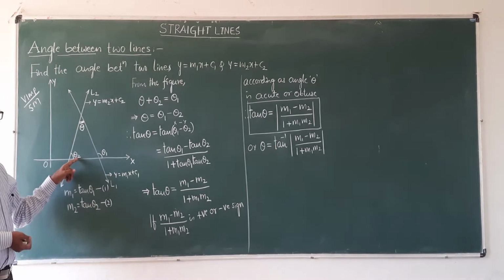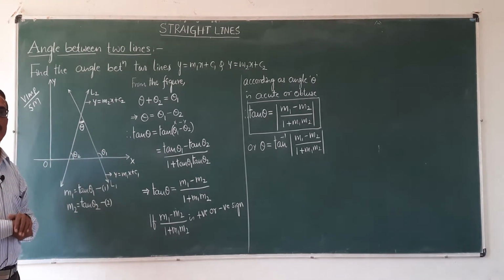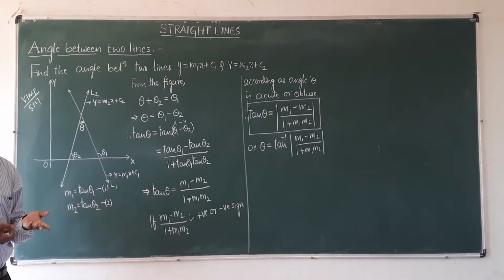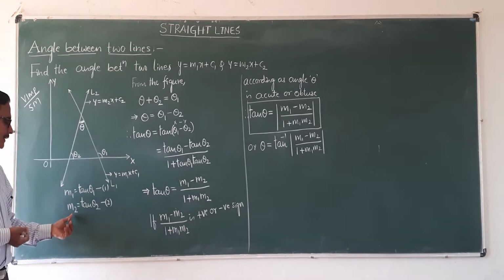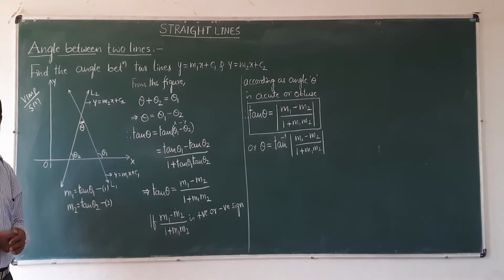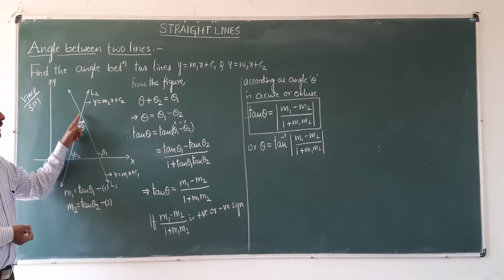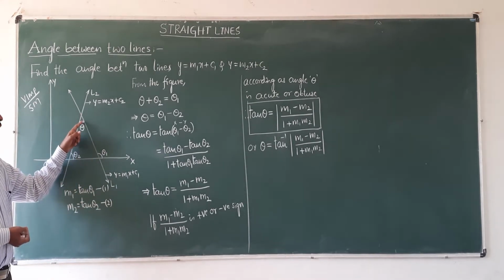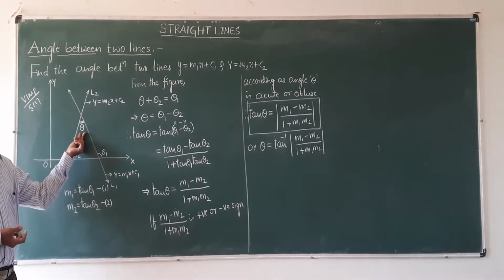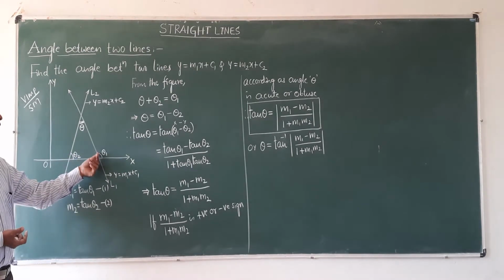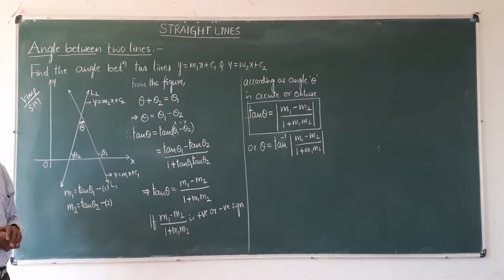It makes an angle theta 2 with same direction of x axis, that is known as slope of straight line. Mathematically we write m2 is equal to tan theta 2. Since these two lines intersect at this point, now the angle between them we don't know. Let theta be the angle between two lines L1 and L2.